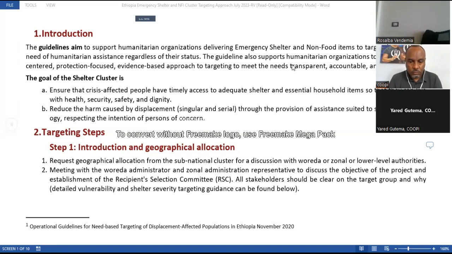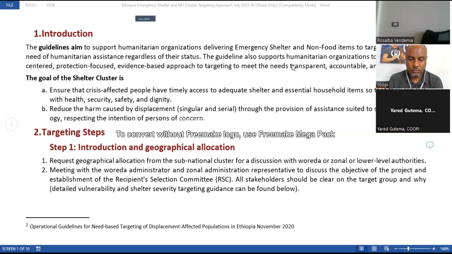As you can see from the introduction, this guide has a number of sections, but its aim is to support humanitarian organizations on how to deliver quality, accountable response to the affected population.